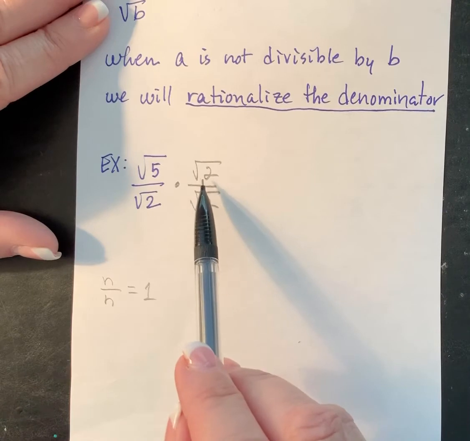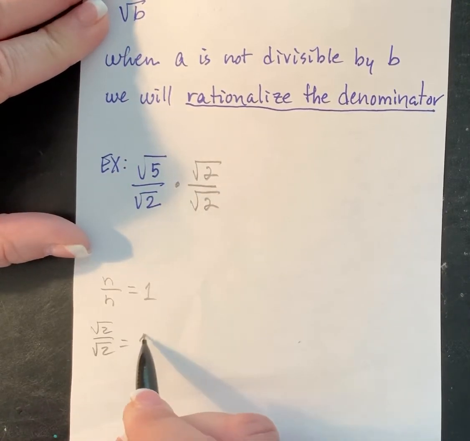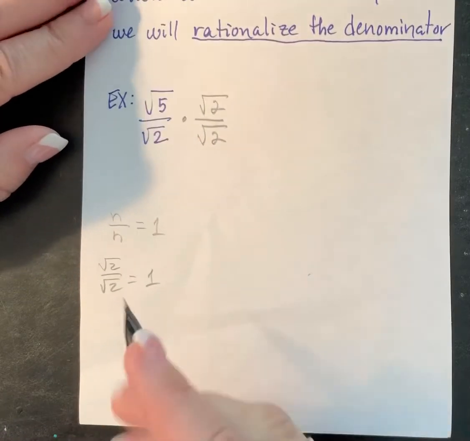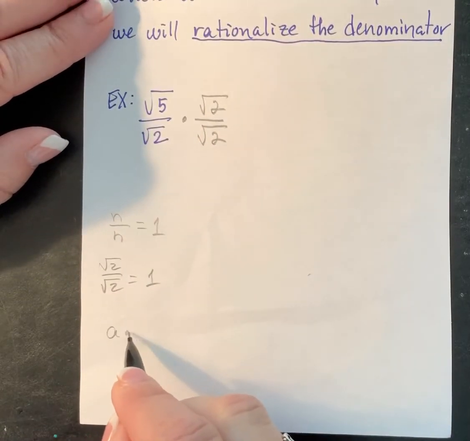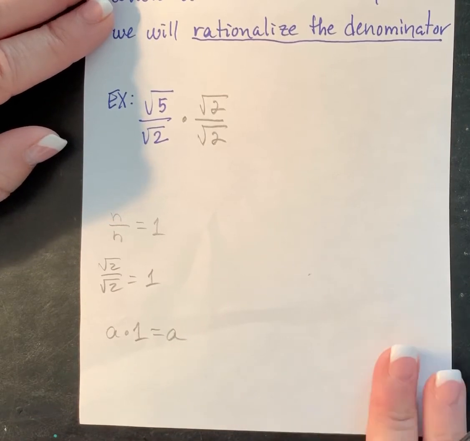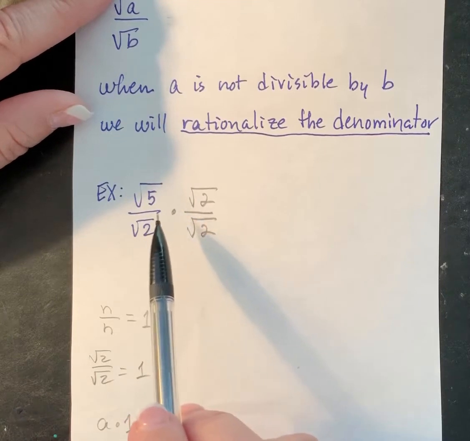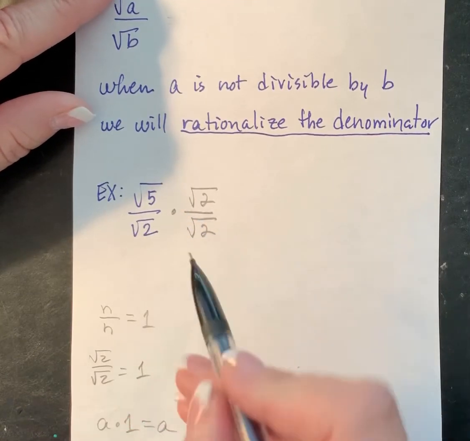So the square root of 2 divided by the square root of 2 is the number 1. Okay? And then we also have the property that if you take any number and you multiply it by 1, that's still the same amount. Okay, we'll get an equivalent form basically. So we're not really changing the amount, we're just changing the form of it.